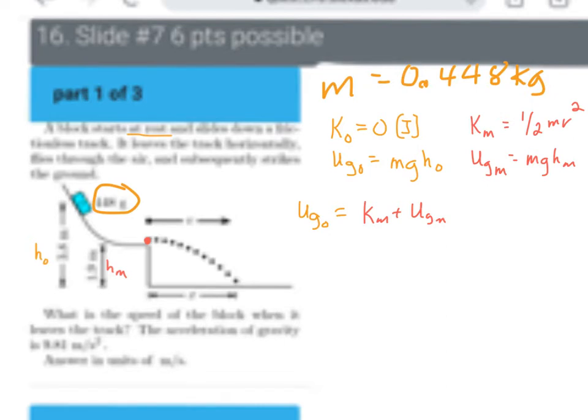So let's go ahead and expand our equation. So this is mgh0, and that's equal to 1/2 mass times velocity squared plus mass times gravity times h in the middle. Alright, let's get like terms on the same side.